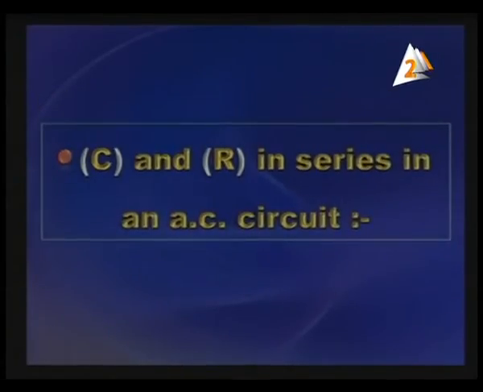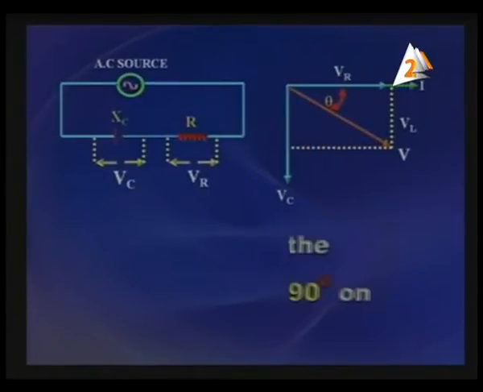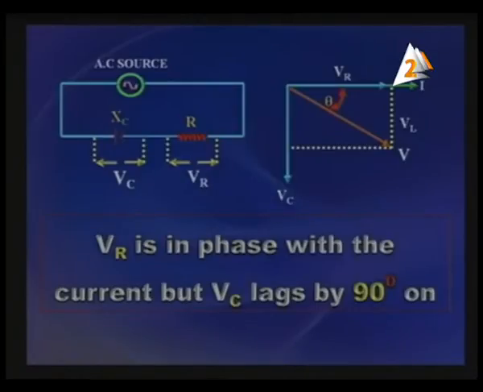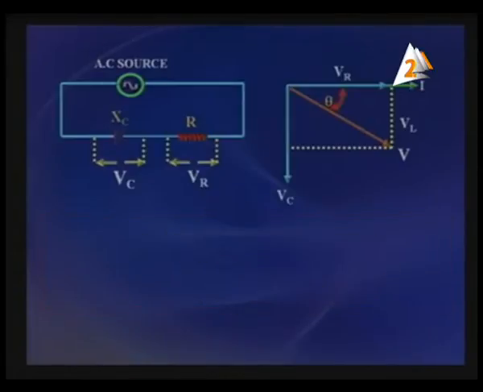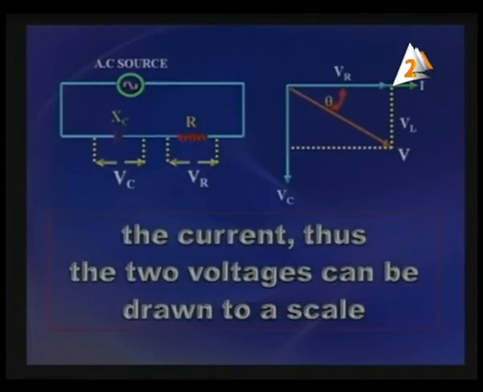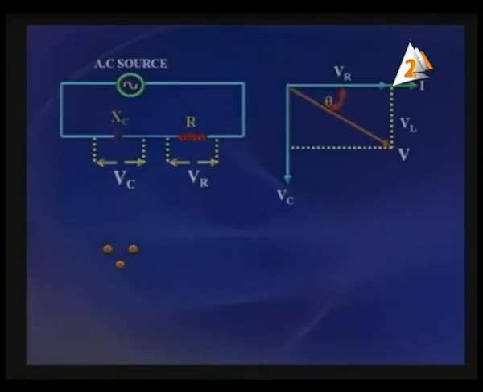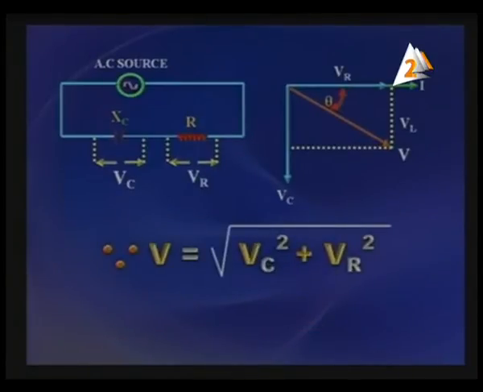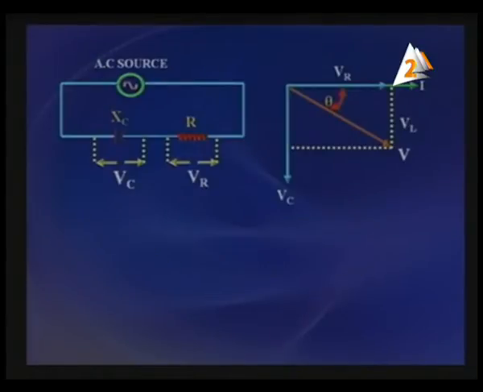And now we've got another circuit, C and R in series in an AC circuit. VR is in phase with the current, but VC lags the current by 90. Thus the two voltages can be drawn to a scale, and V, the total voltage, is equal to the square root of VC squared plus VR squared.